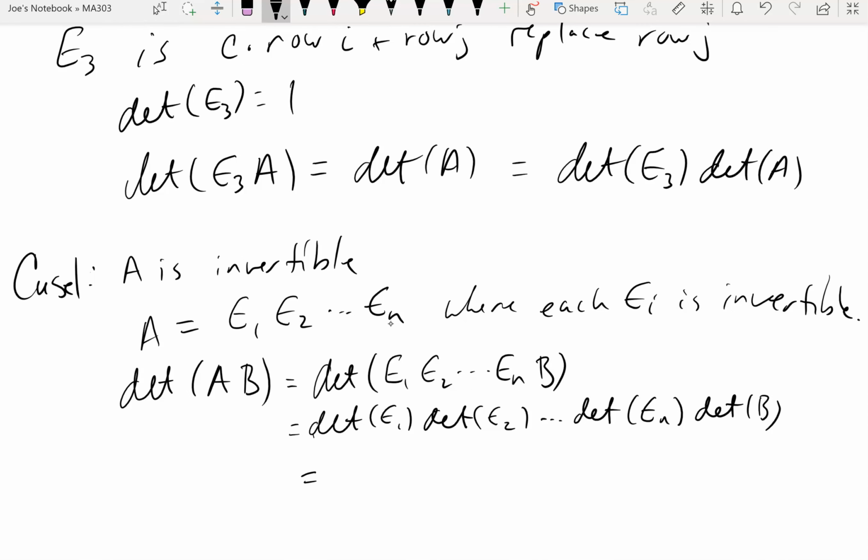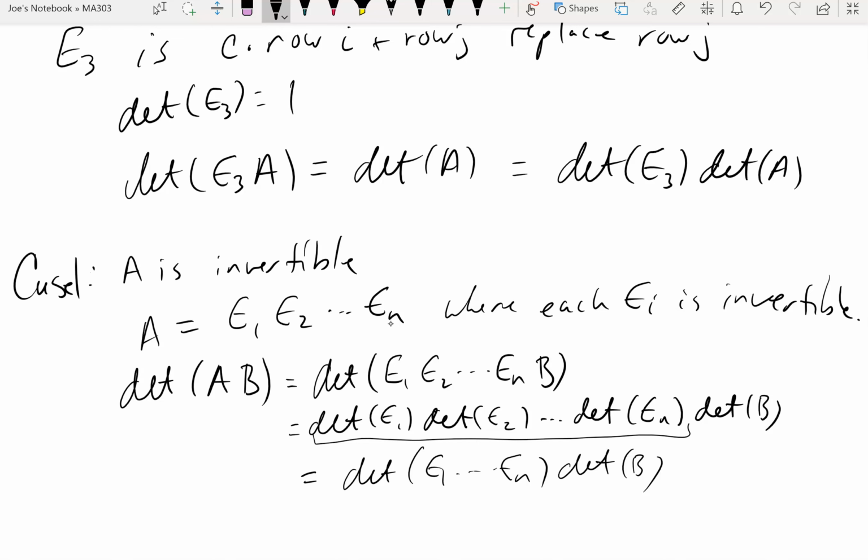Well, now let's just concentrate on everything in front of the B. I can put that back together, can't I? Right, so this would be the determinant of the product of E1 out to En. The reason why I can put it back together is because I can think of sticking in a determinant of I here.